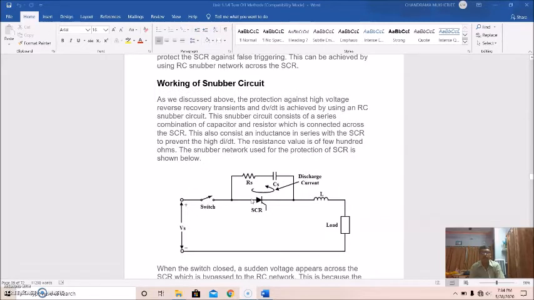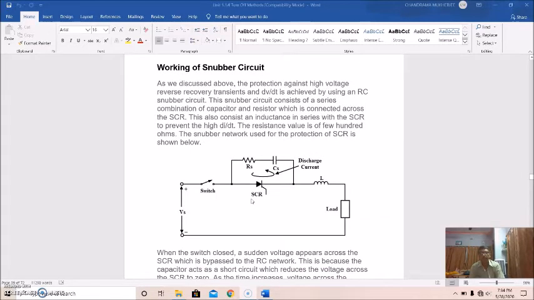Now, how does the snubber circuit work? We have given an introductory discussion about snubber circuits. Protection against high voltage reverse recovery transients and DVDT is achieved by using this RC snubber network.